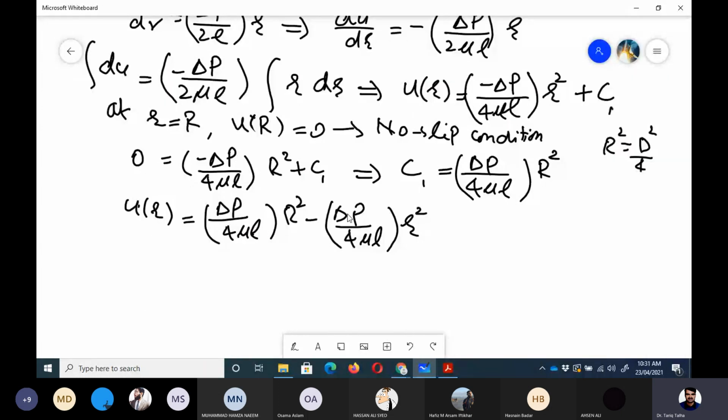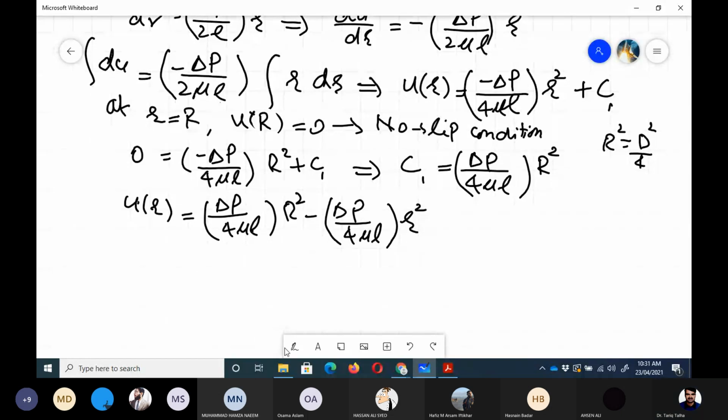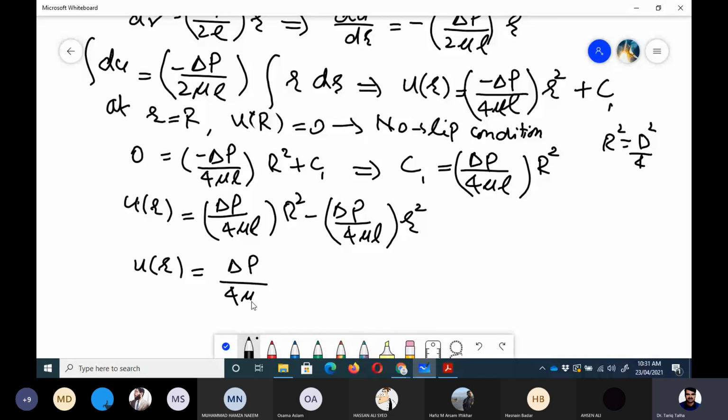So if we want to write it in concise terms, we can take this common delta p upon 4 mu L, then we can write u of r is equal to delta p upon 4 mu L, and then if we take R square as well common, then I can write 1 minus r upon R square.